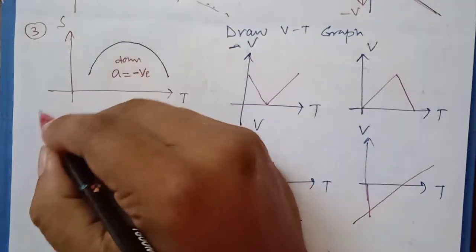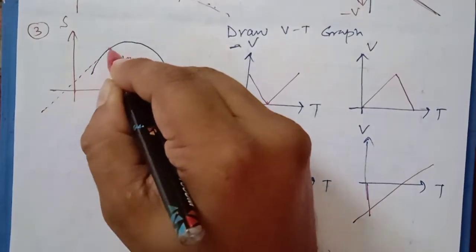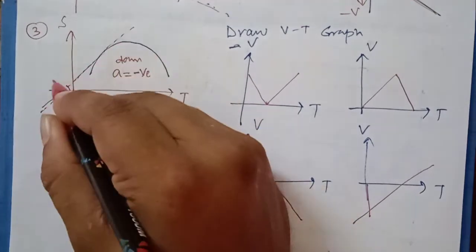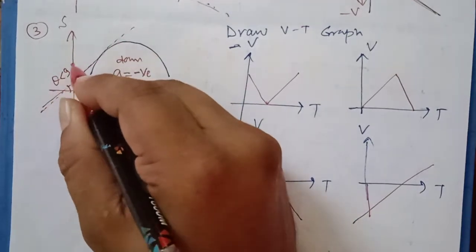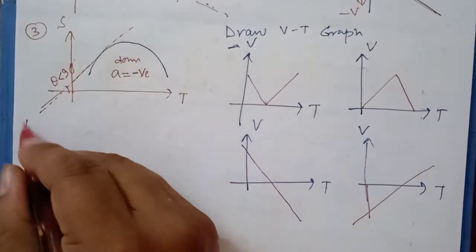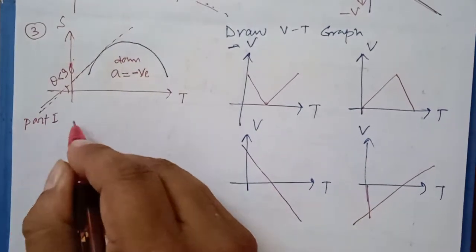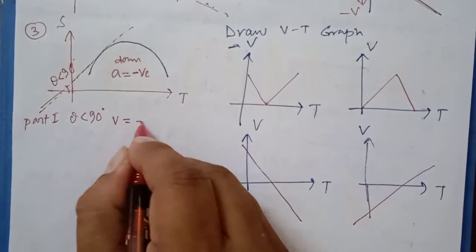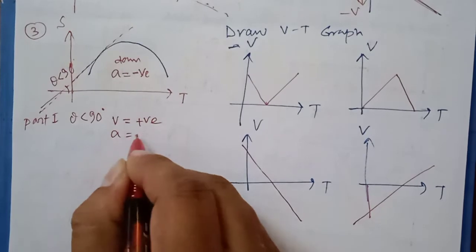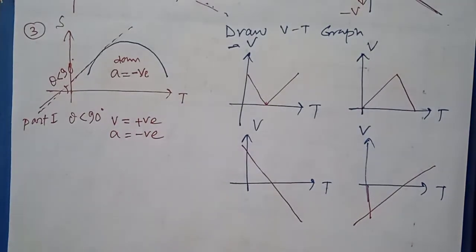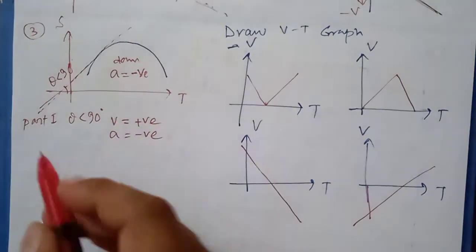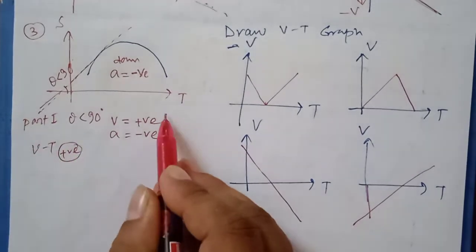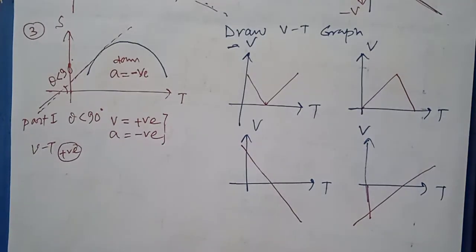In the first part, if you draw the slope, this slope theta is less than 90. So in part 1, theta less than 90 means velocity is positive and acceleration is negative. So the VT graph is in the positive quadrant, but is it increasing or decreasing?